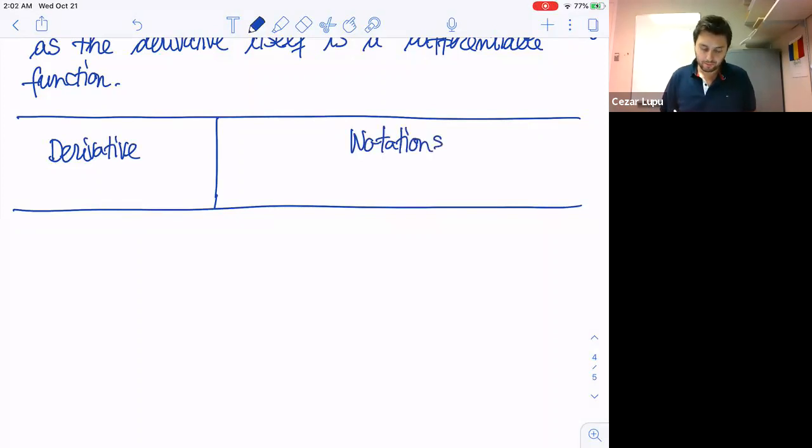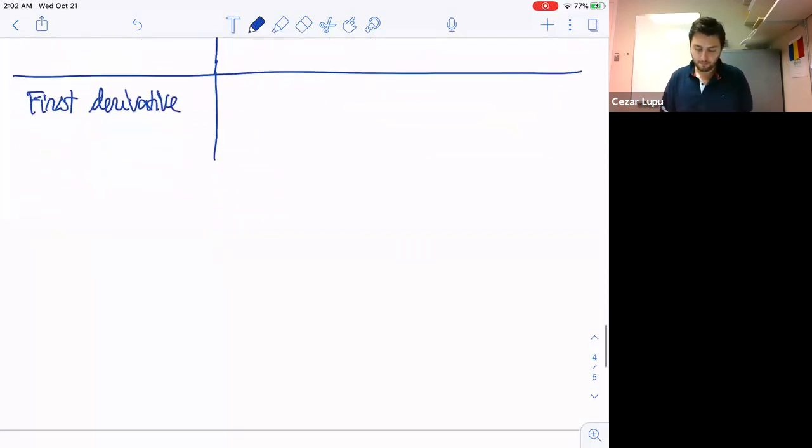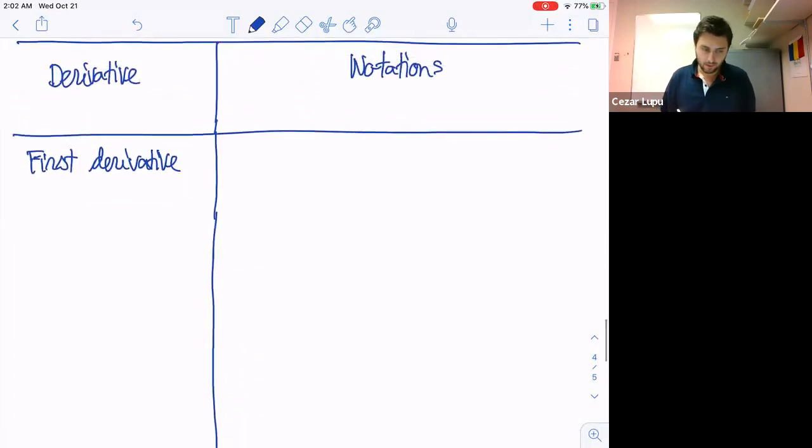Let's look first at the first derivative.